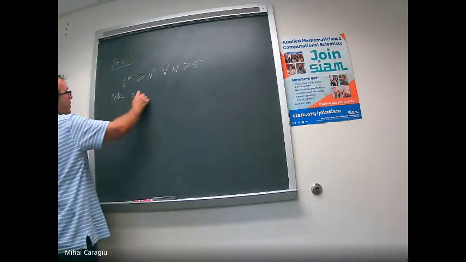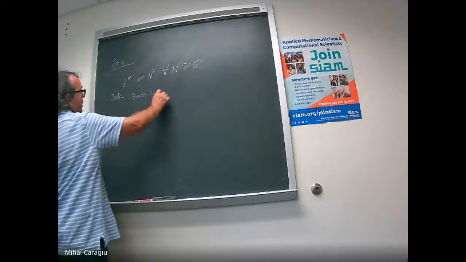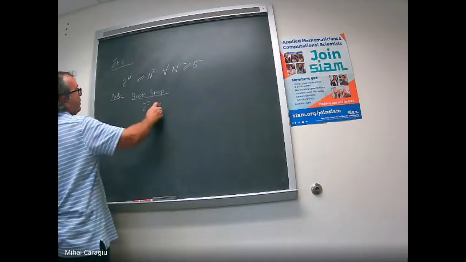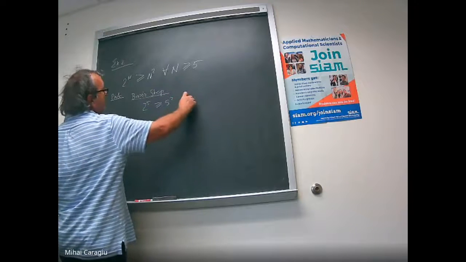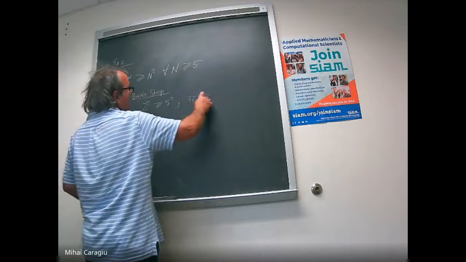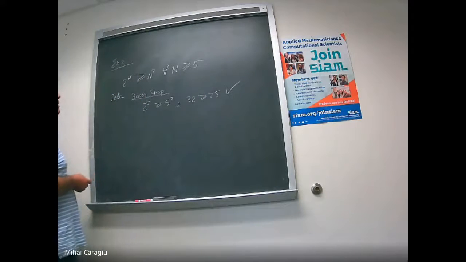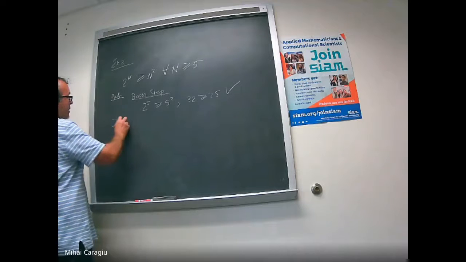Basic step: 2 to the power 5 bigger than or equal to 5 squared, or 32 bigger than or equal to 25. So we check it.